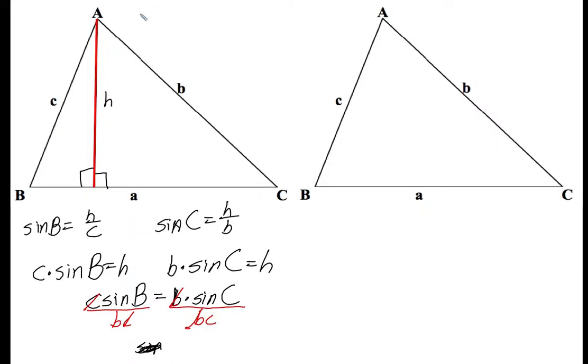The sine of big B divided by little b is equal to the sine of big C divided by little c. That's what we got here when we divided by bc.